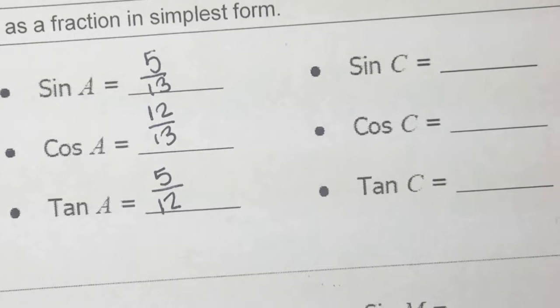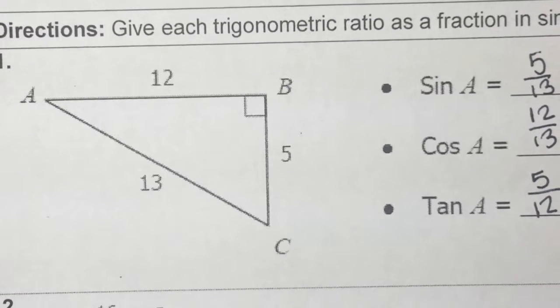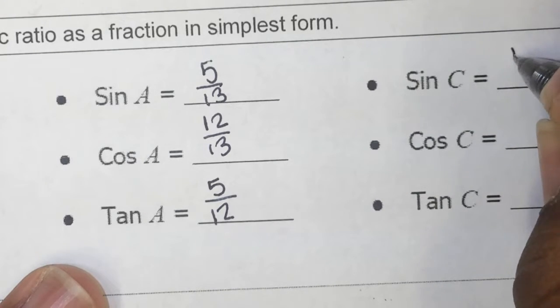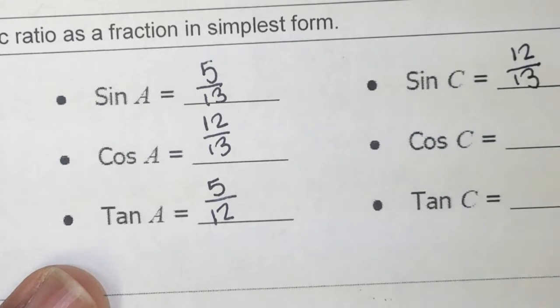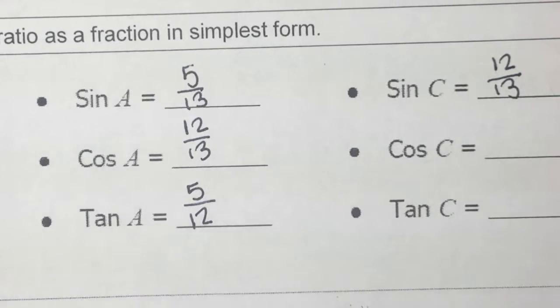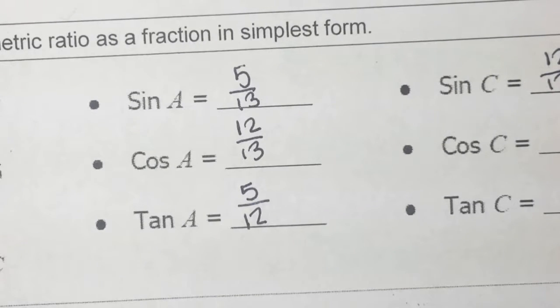And then the next one, sine of angle C. I'll try again. Sine of angle C. No, man. Opposite over hypotenuse from angle C. 12 over 13. You said 3 different things all at once, bro. Alright, so cosine of angle C. Joade?